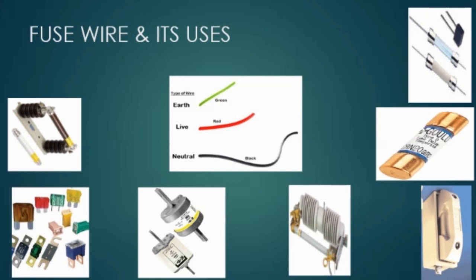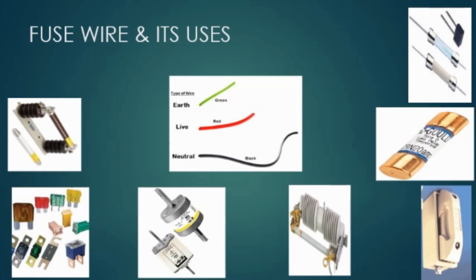So such events occur due to overloading. Consider that if that transformer doesn't have the fuse wire in it, what will happen? That transformer will burst down, will explode. Are you getting it? So you're understanding the importance of the fuse wire. So this is the importance, or you may call it the uses of the fuse wire.